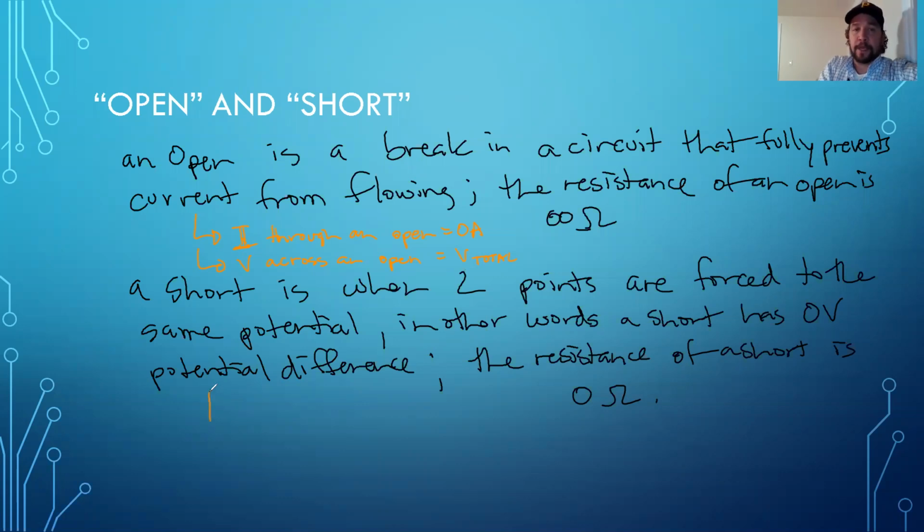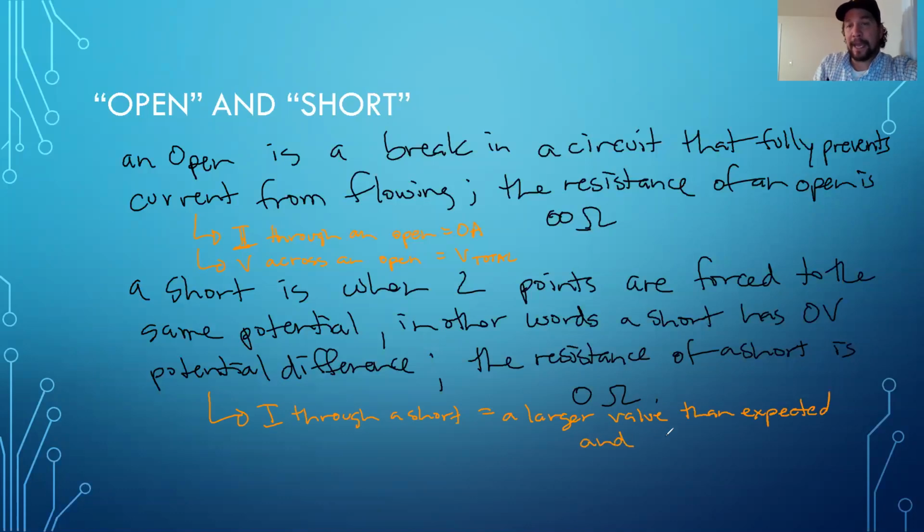For a short, I through a short equals a larger value than expected, and can be equal to infinite amps, which is really, really bad, obviously.